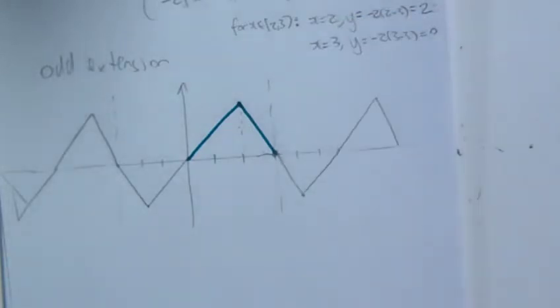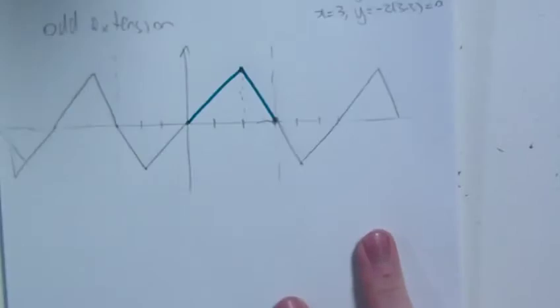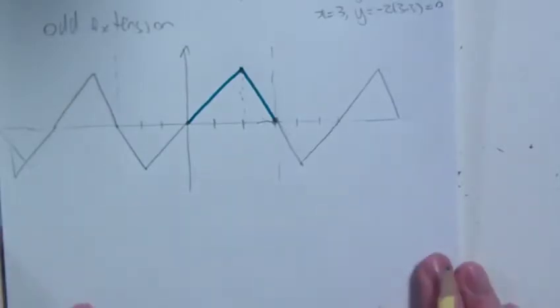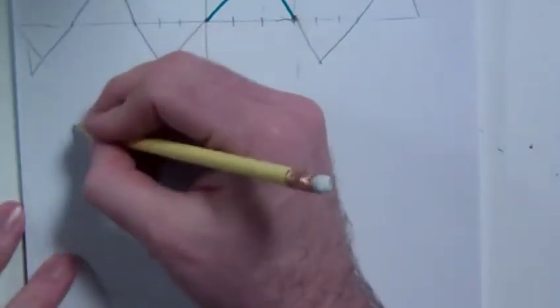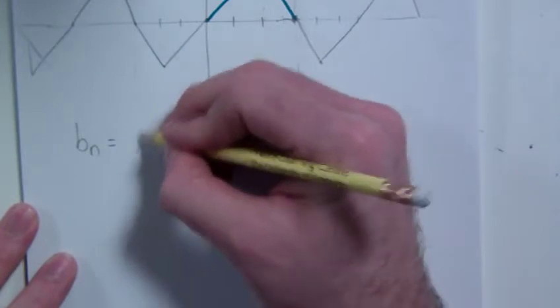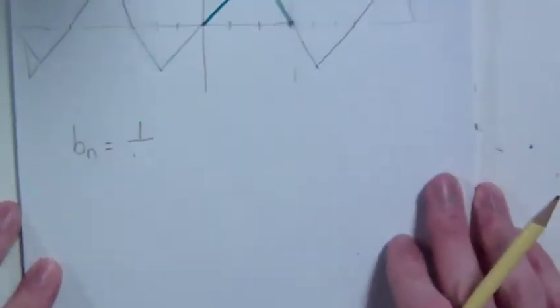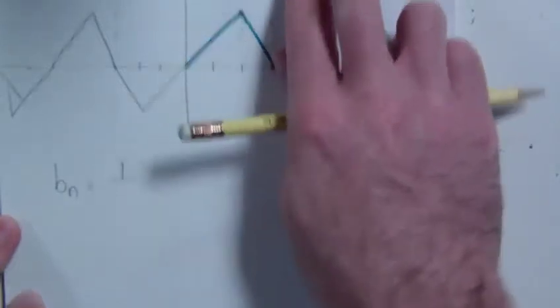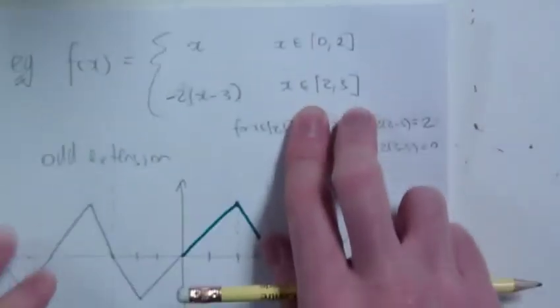So, if I were to do my thing, I would say that I'm going to do my odd one, so my Bn, which would be the 1 over 2 times the period, this width, which is 3. It goes from 0 to 3.